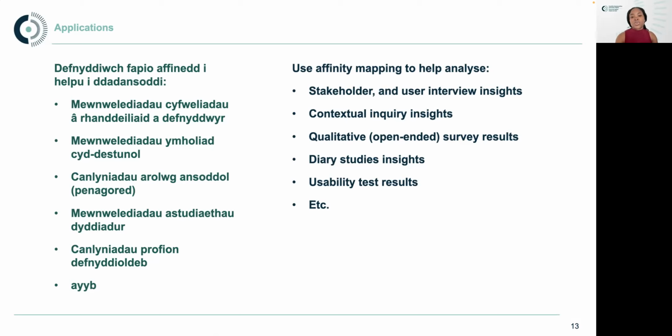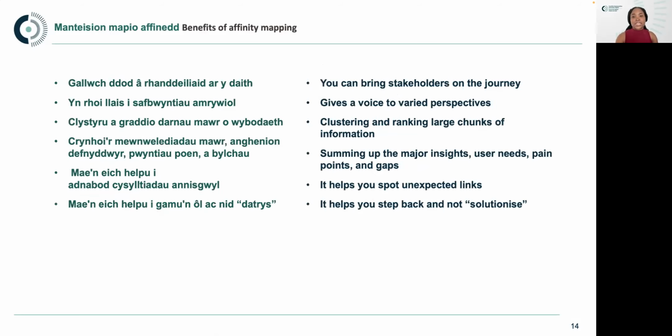Diary studies is more like a longitudinal user research method that would allow you and your team to explore how users use your digital product or service over time. And aside from diary studies, you can also apply affinity mapping in analyzing results from usability testing and even your team ideas. Next slide, please.